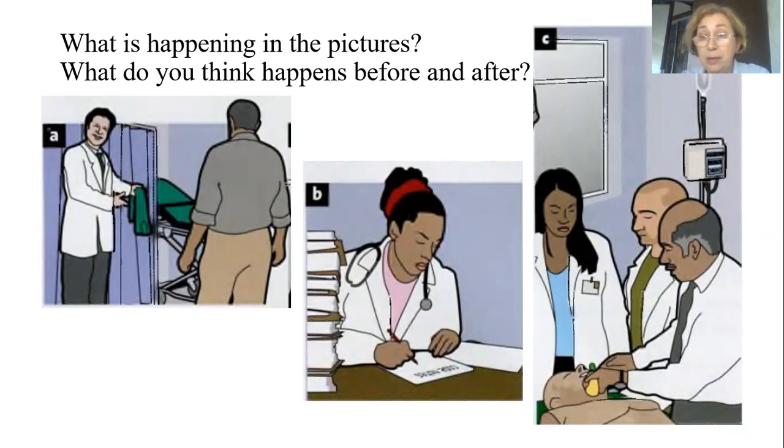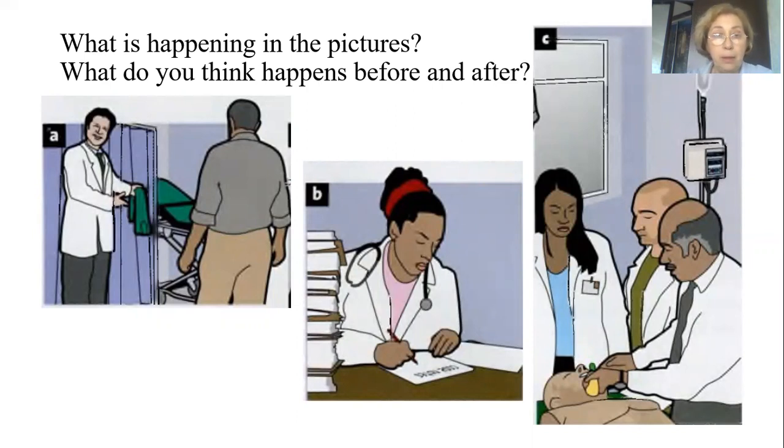He's showing the junior doctors how to carry out this procedure, and what will happen then after the professor, for example, has taught the junior doctors? I think he'll ask them to repeat what he did or what they understood of him explaining to them. Yes, to repeat the procedure, to show how they understand the sequence of actions.